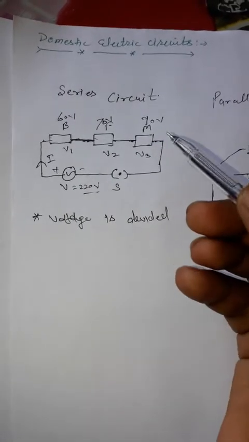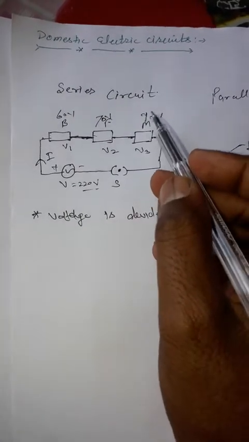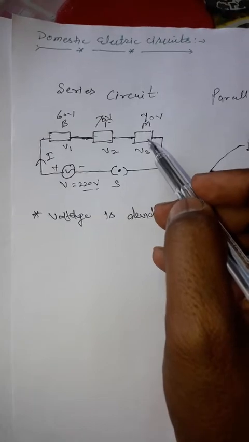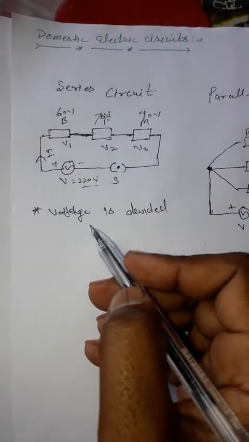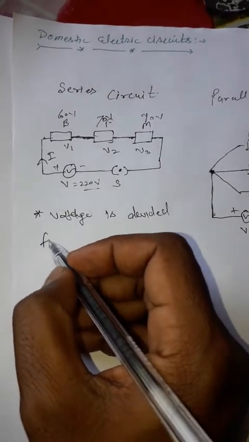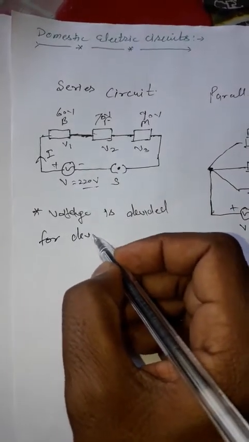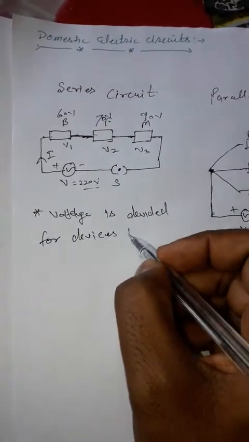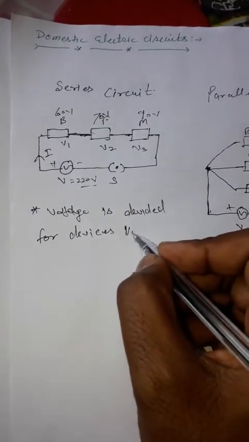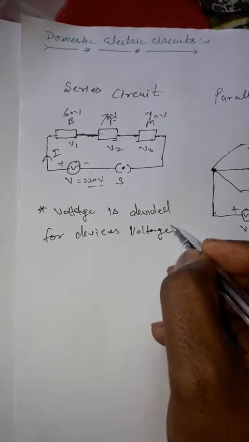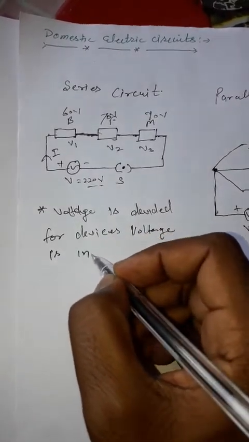But it is clear that 90 volt is insufficient for the working of the motor. So we can say that, due to the division of voltage, for some devices the voltage is insufficient.